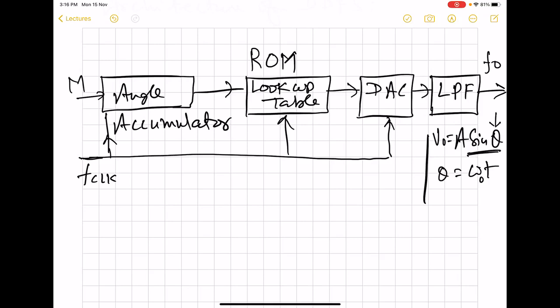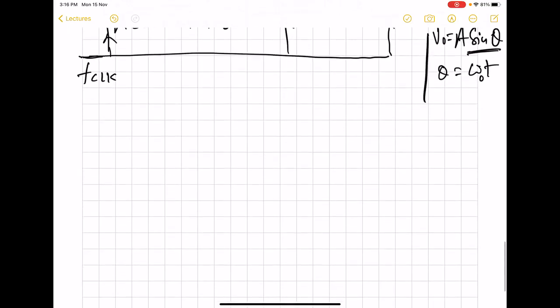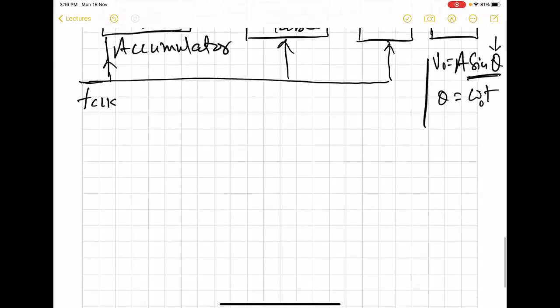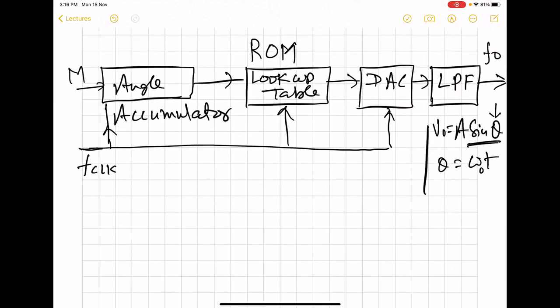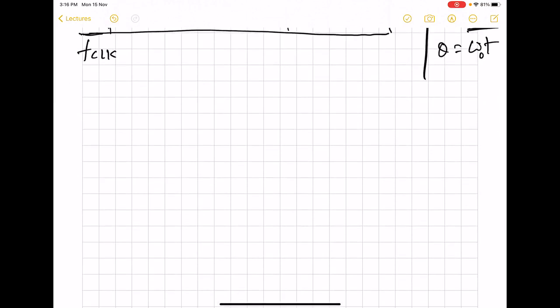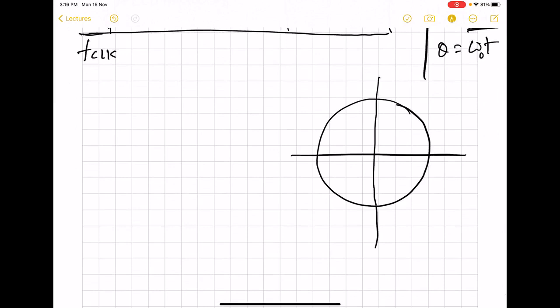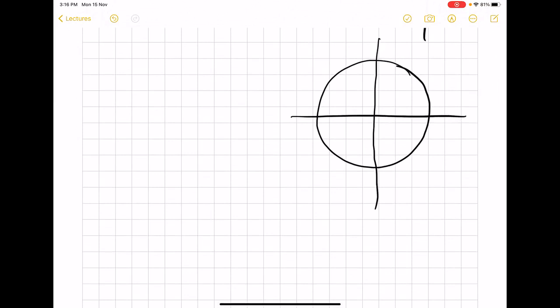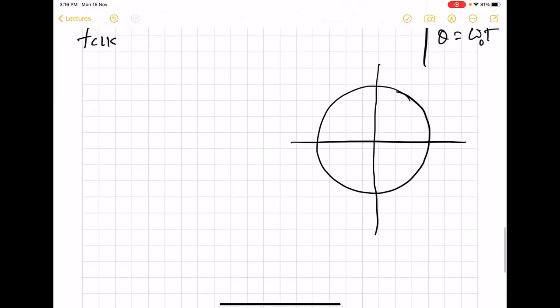So what we need to do is we need to feed these angles, and what we can do is we can store all those angles here in this angle accumulator. So we can first decide how many angles we want to store. That will decide, let us say, the resolution, and we will see that that will also decide the frequency that can be produced.